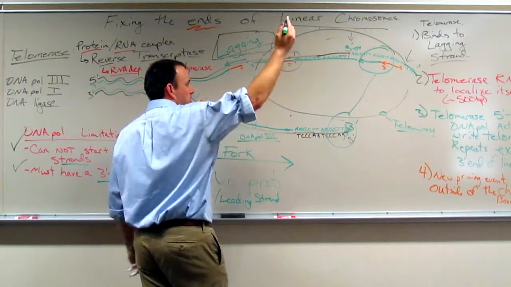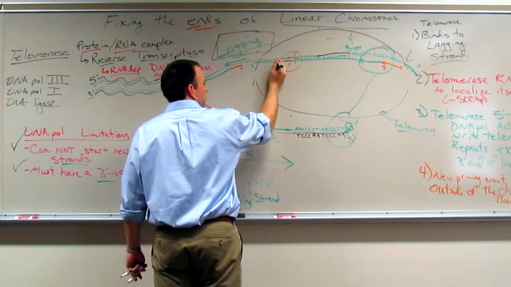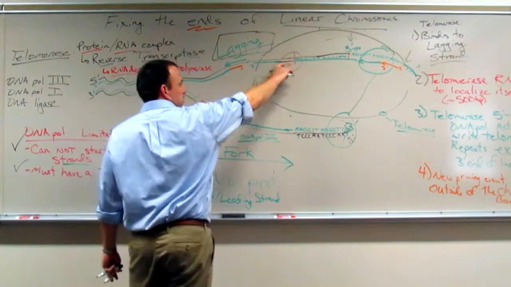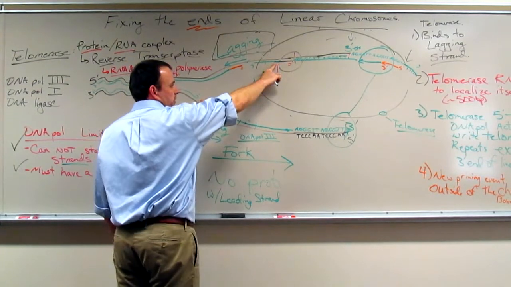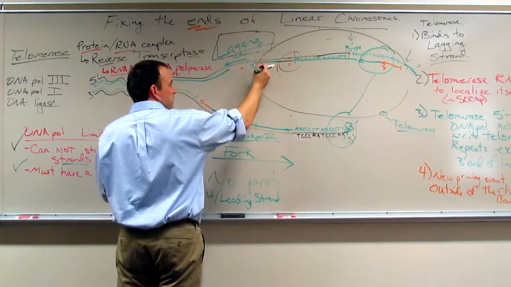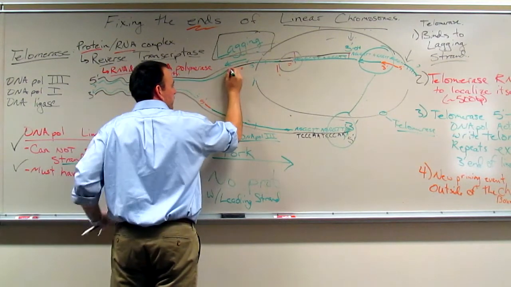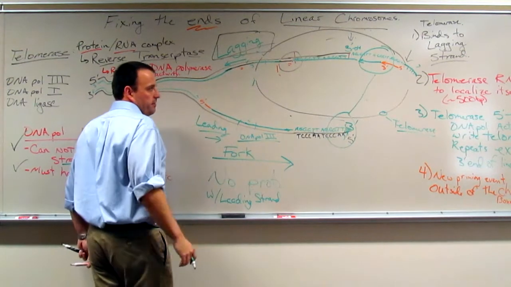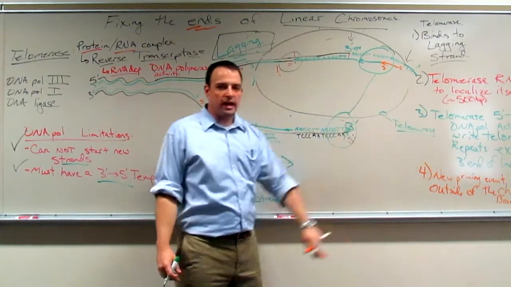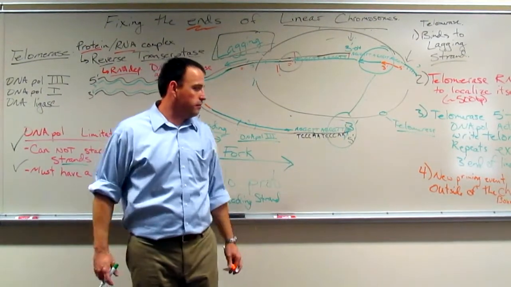Then DNA ligase comes in and ligates the connection between this new DNA and the DNA we'd already laid down. Same thing happens here. New DNA comes down, DNA polymerase 1 writes to there, filled in by DNA ligase, everything's happy. What's still our problem though, is we have a slight bit of single-stranded DNA at the end of our linear chromosome.